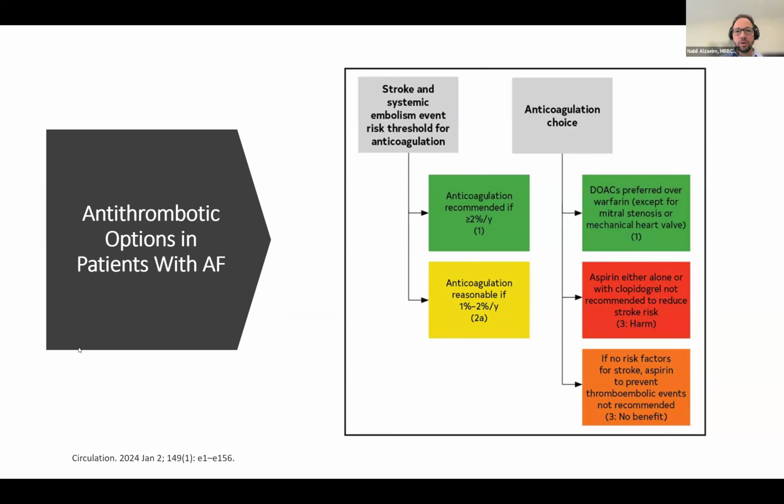This is no longer done, as there is no evidence of benefit. On the contrary, there is maybe some harm. So aspirin alone or Plavix or clopidogrel is not recommended to reduce the risk of stroke. And the last one is if there are no risk factors for stroke, aspirin to prevent thromboembolic events is not recommended.